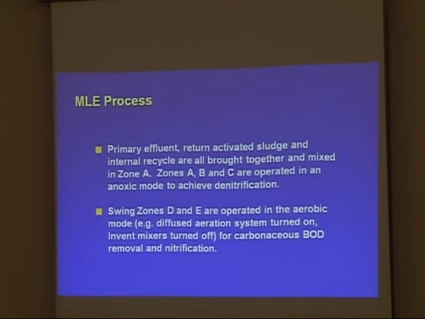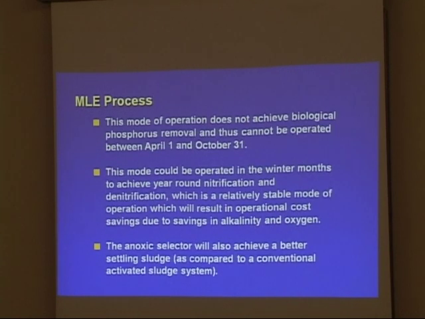Quick review, MLE process: zones A, B, and C are going to be in anoxic mode to achieve denitrification by internally recycling the highly nitrified mixed liquor from the end of the aeration zone, which would be from right after G. Swing zones D and E will be operated in the aerobic mode with diffused aeration on. This is maximizing the amount of aerobic zones you have by having those swing zones on. The mixers will be off. As you recall, the hyperbolic mixers shouldn't be operated when the diffused air is on.